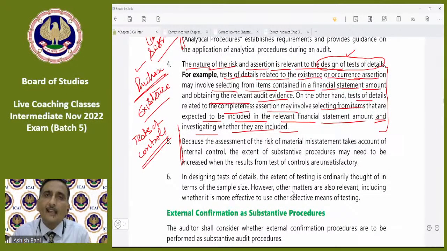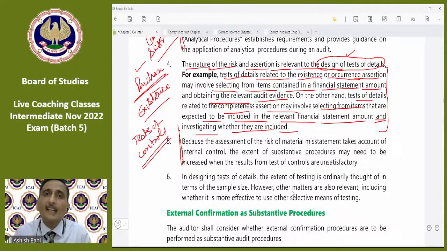Now, if he is satisfied about the results of tests of controls in relation to sales, that there is a very low chance of some sale item not being recorded in books of accounts or not being reduced from the stock records, then he might not need to go into detailed substantive checking.